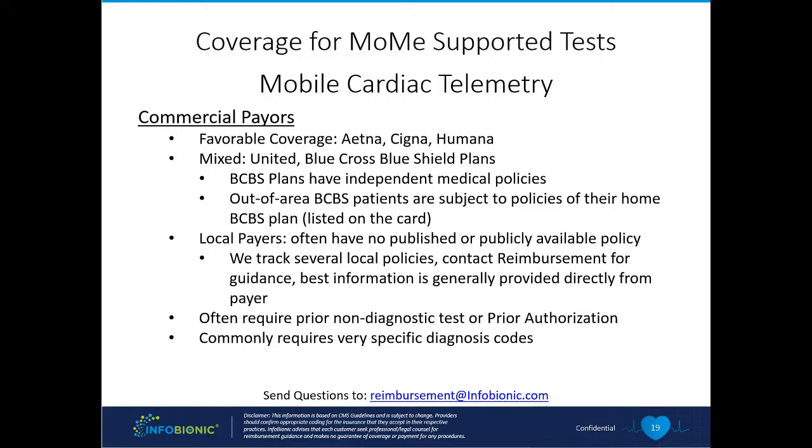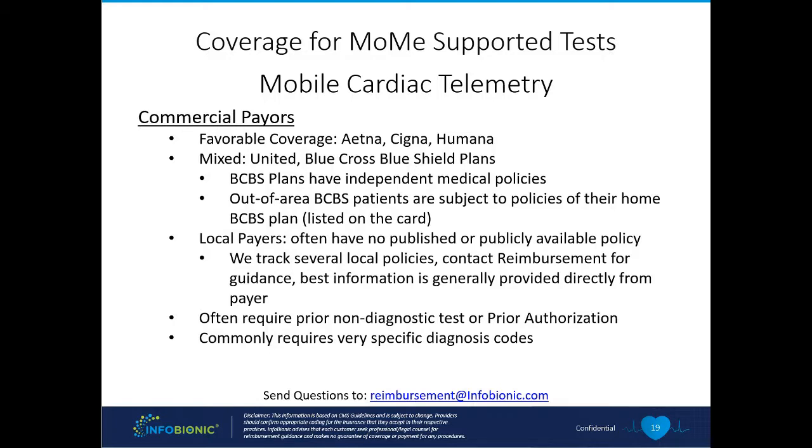The Blue Cross Blue Shield plans are a bit more complex. All of the different BCBS plans have their own coverage policies. So Blue Cross Blue Shield of Florida does not have the same coverage policies as Blue Shield of California. There are some that have positive coverage, some flat out do not cover MCT, and there are some that cover for very limited indications.